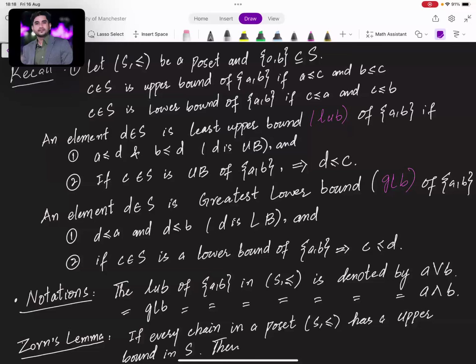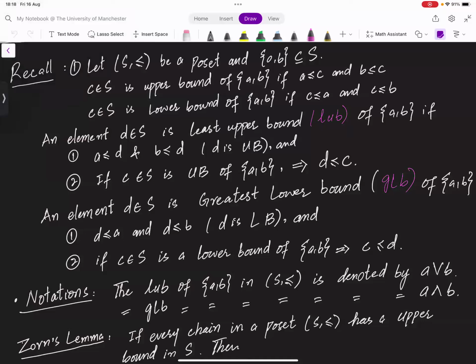In the last class, we talked about the following things. We defined that if we have a poset and a subset of S, then we can define the upper bound of this subset. For some C in S, if A is less than or equal to C and B is less than or equal to C, then C will be an upper bound of this subset.